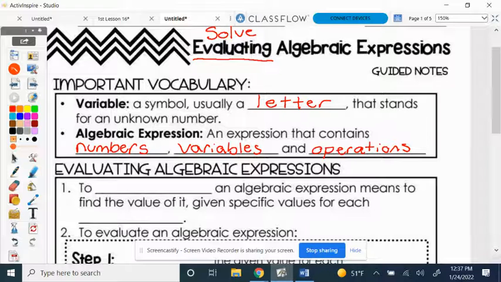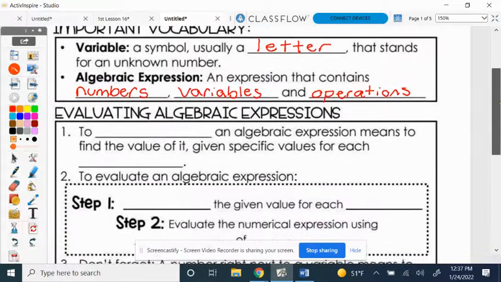But an algebraic expression has numbers, variables, and operations. A variable is a letter. So, to evaluate it, we know evaluate means to solve.